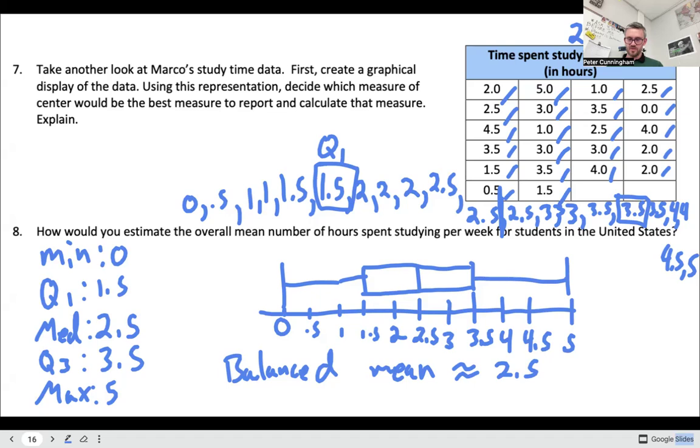Yes, you have to put the zeros in there. Plus 4, plus 2, plus 2.